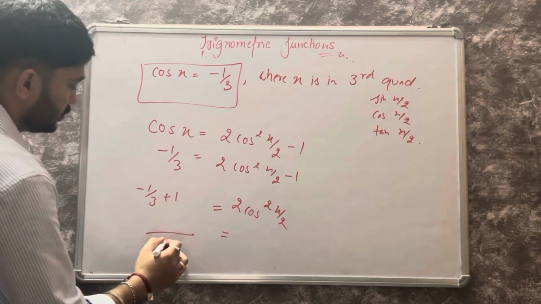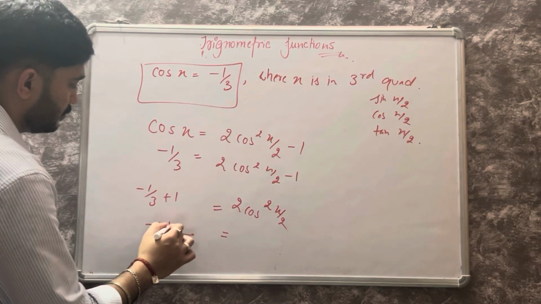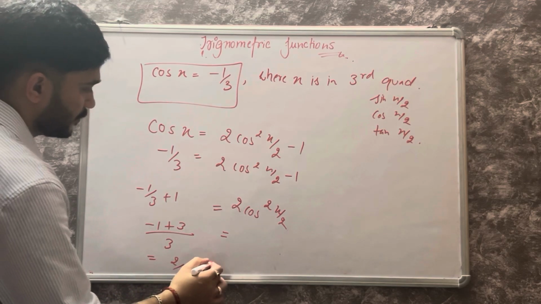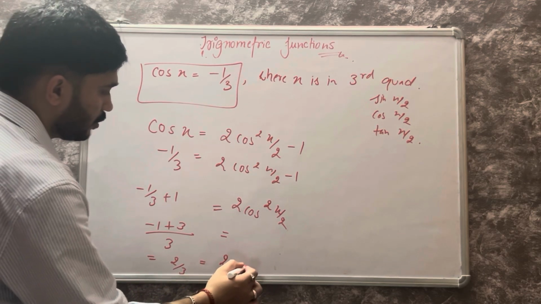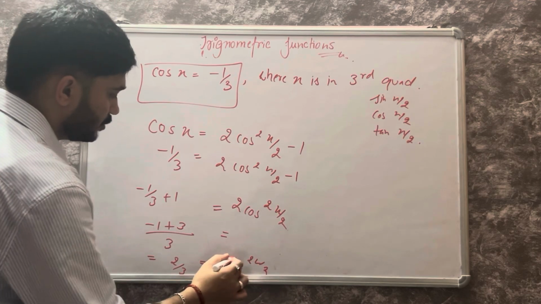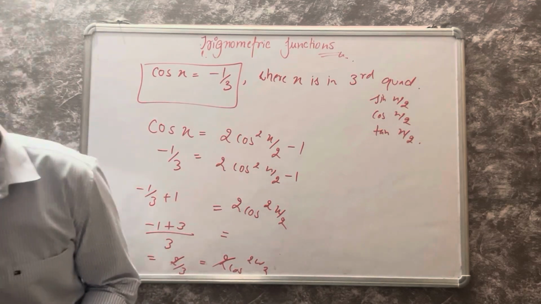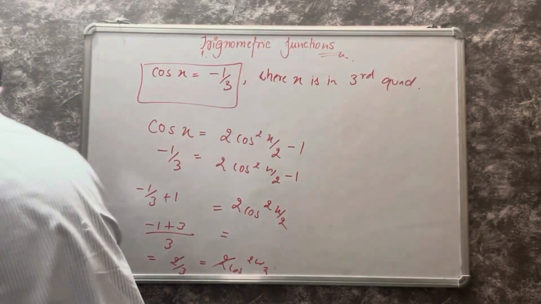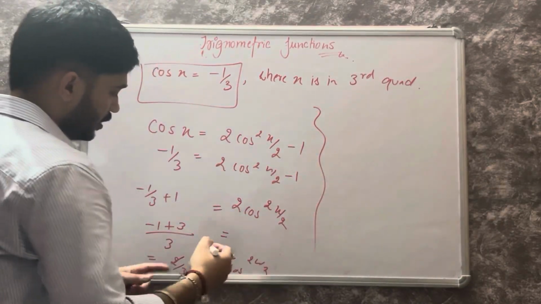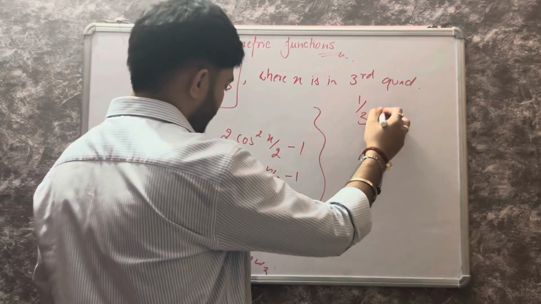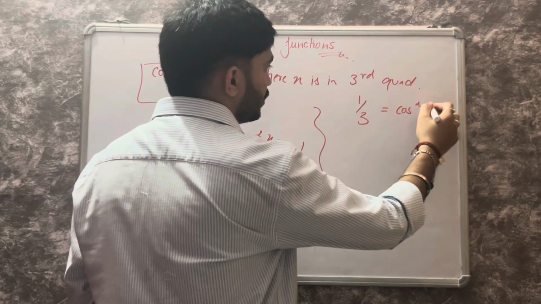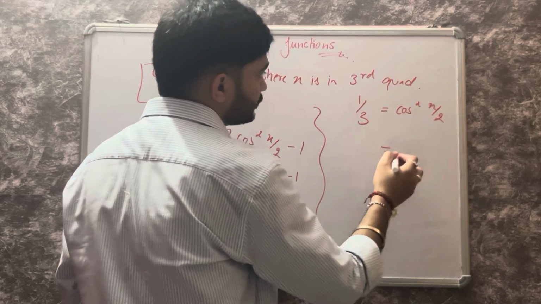The value of 2 cos square x by 2, by solving this by LCM, minus 1 plus 3, will come 2 by 3. The 2s are going to be cancelled out. Here 1 by 3 is equal to cos square x by 2.